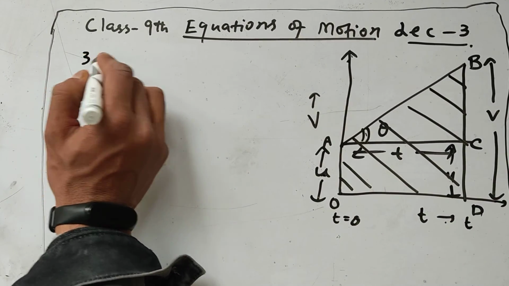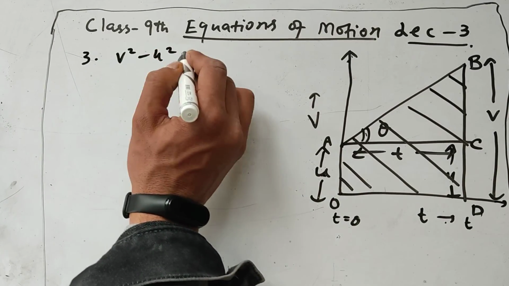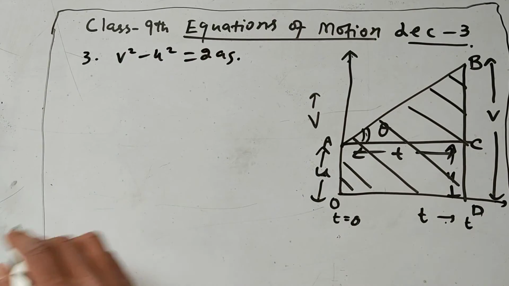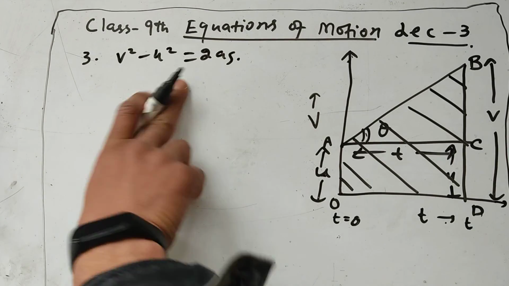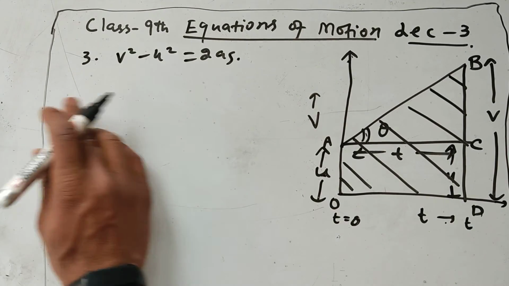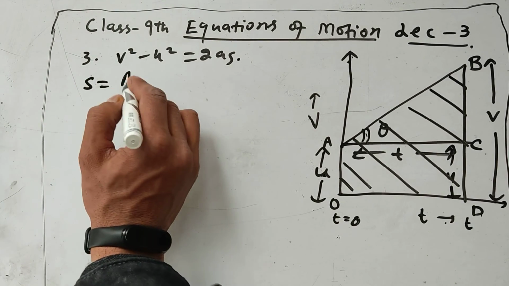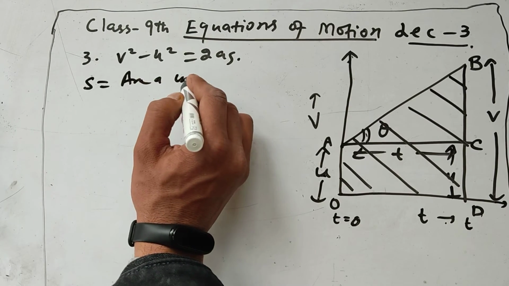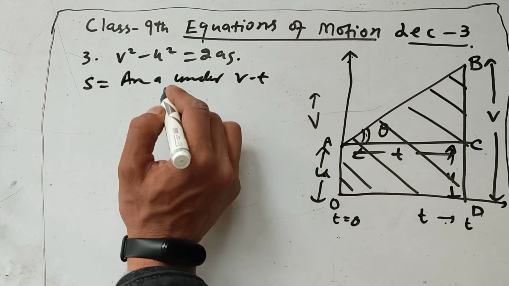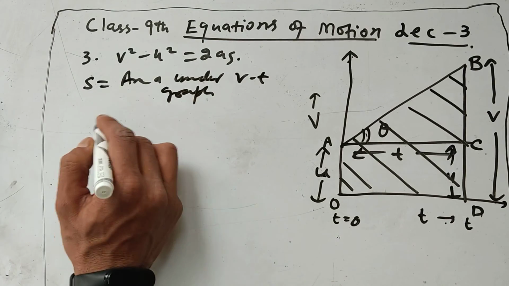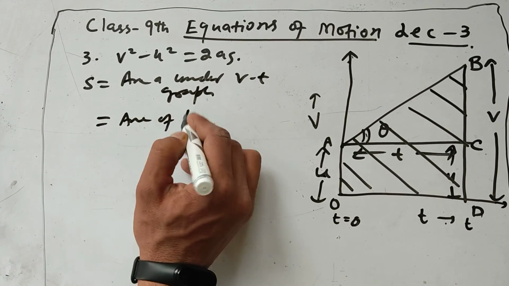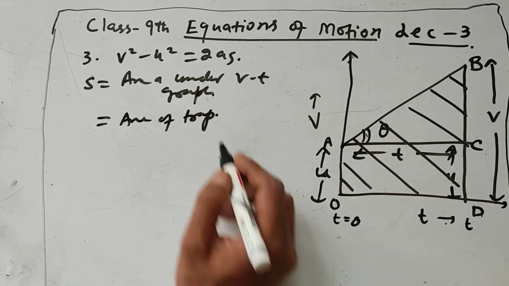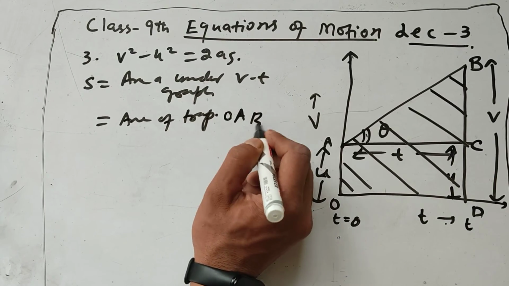The third equation of motion is V square minus U square equal to 2AS. Since distance is also involved in this equation, we can find the distance as the area under the VT graph. So we take the area of trapezium OABD.